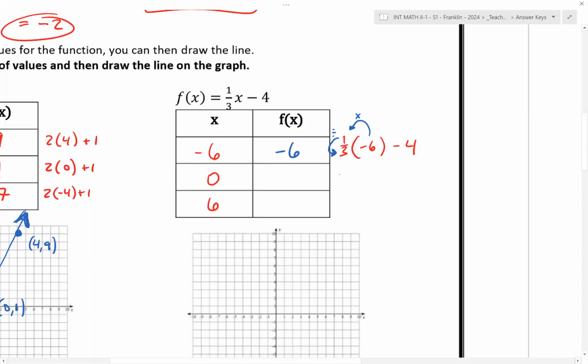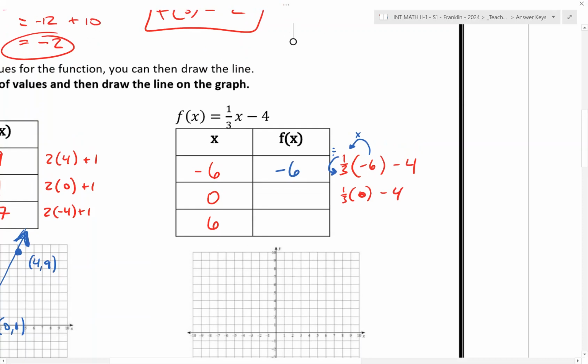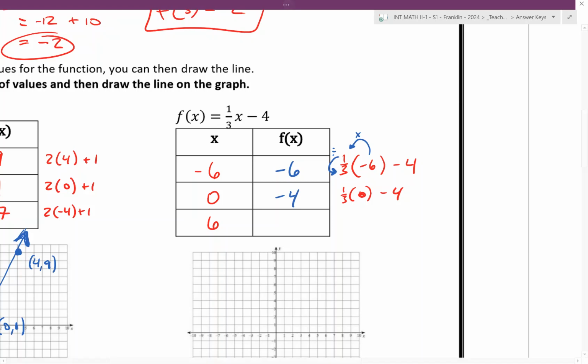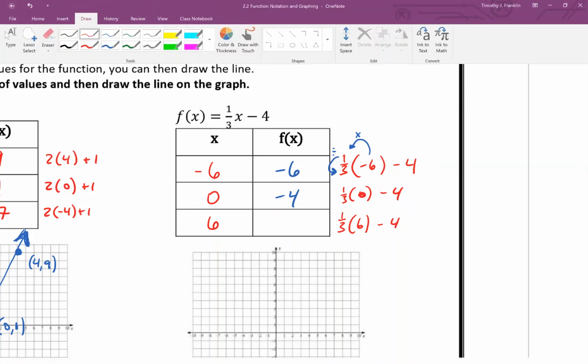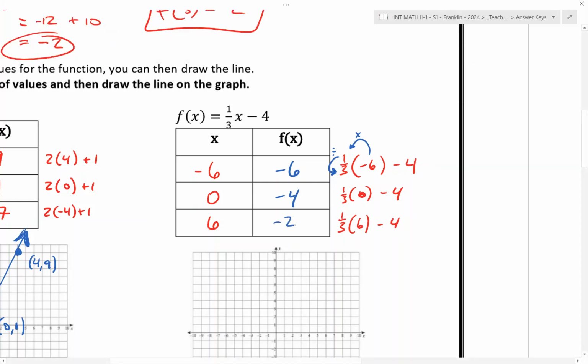Now let's try 0. 1/3 times 0 minus 4. Well, anything times 0 is 0, and 0 minus 4 is -4. And for the last one, 1/3 times 6 minus 4. Well, 6 times 1 is 6, divided by 3 is +2 this time, minus 4. 2 minus 4 is -2.